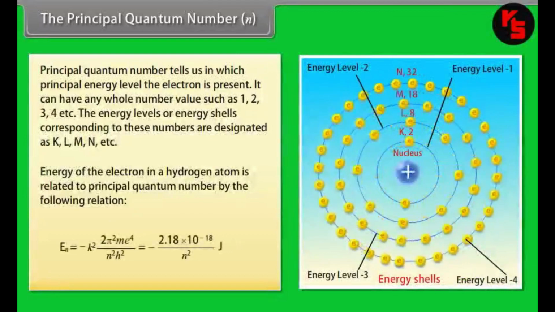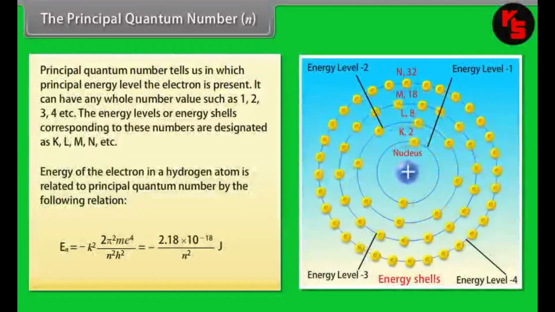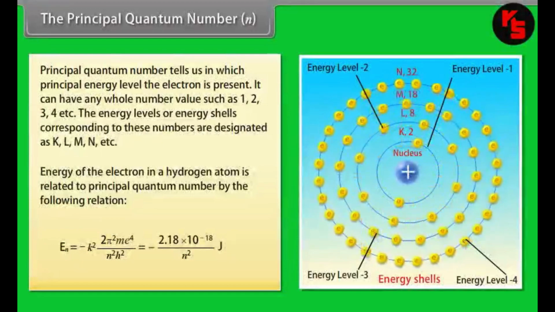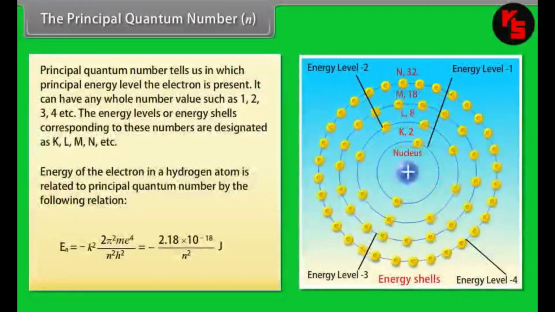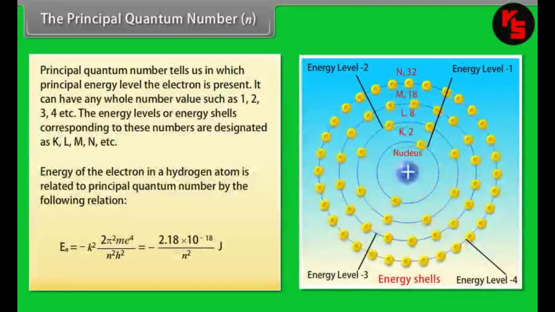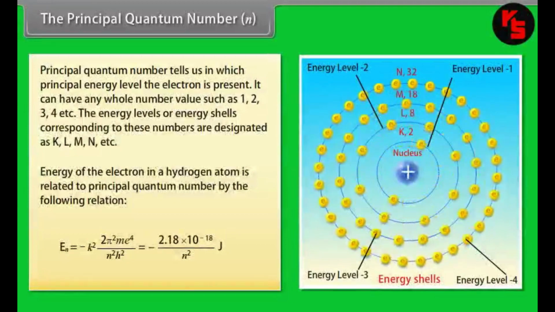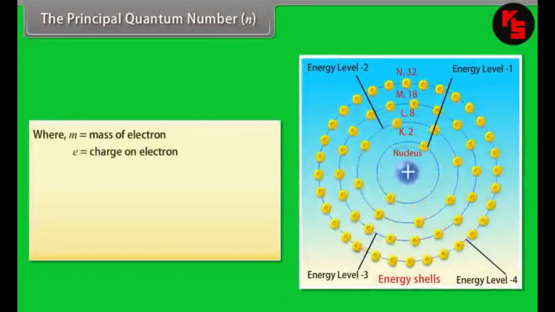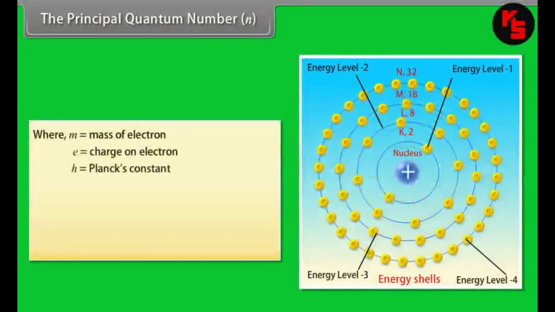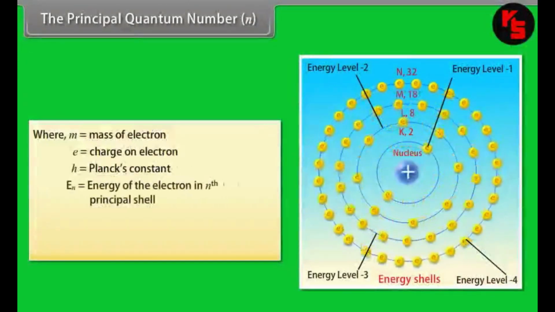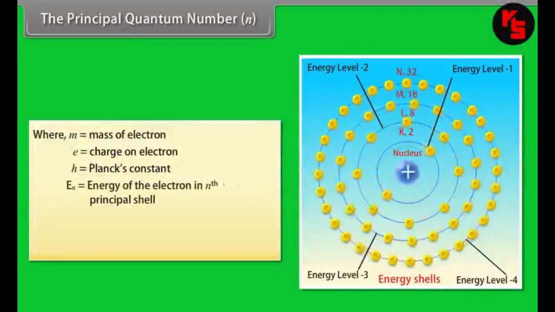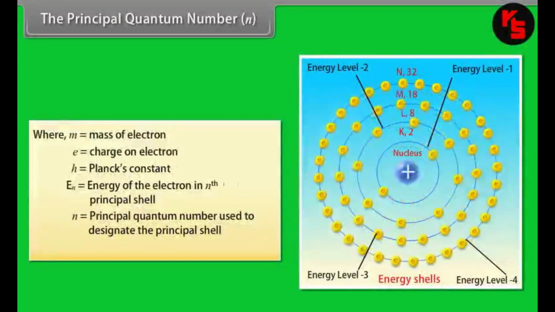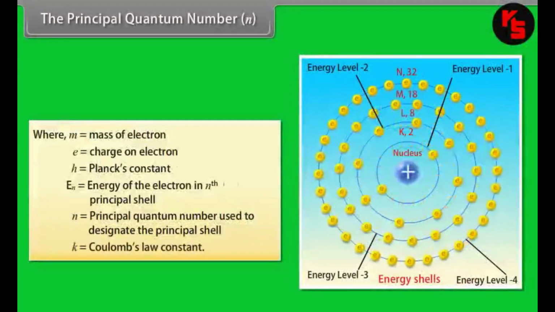En = -k² × 2π² × m × e⁴ / (n² h²) = -2.18 × 10⁻¹⁸ / n² joule, where m is the mass of the electron, e is the charge on the electron, h is Planck's constant, En is the energy of the electron in the nth principal shell, n is the principal quantum number used to designate the principal shell, and k is Coulomb's law constant.